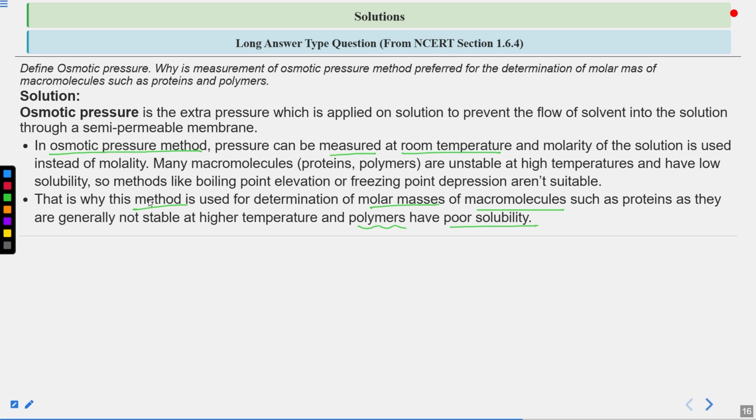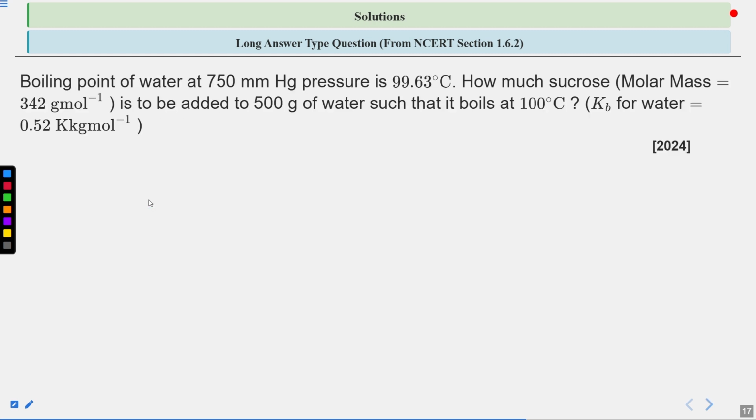Okay, moving on to our next question. This is again a long answer type question, and it comes under NCERT section 1.6.2 from the solutions chapter. The question says that the boiling point of water at 750 millimeter of Hg pressure is 99.63 degrees Celsius.